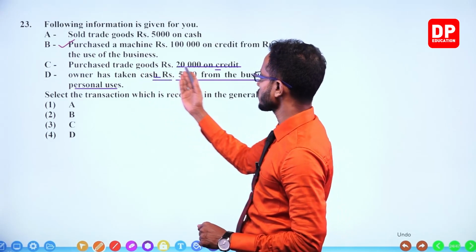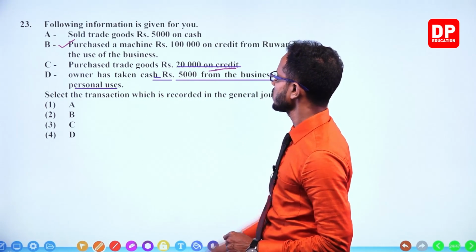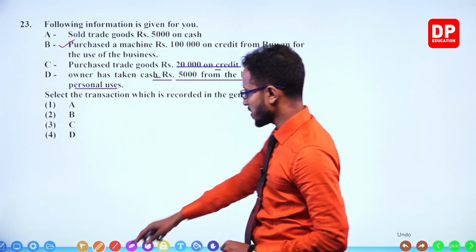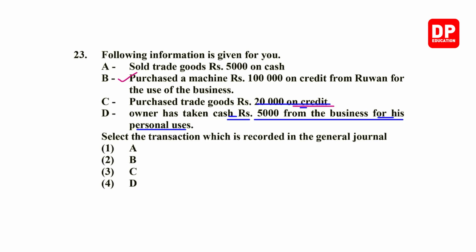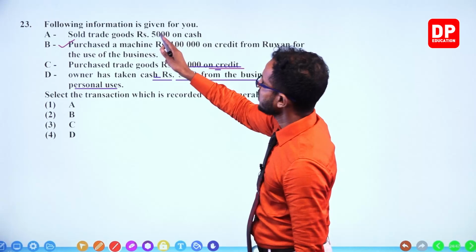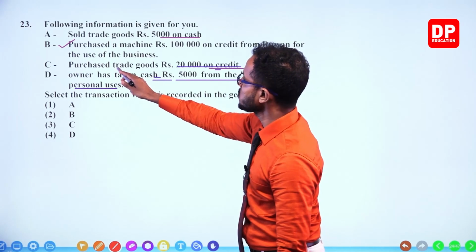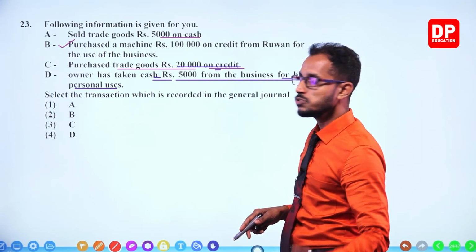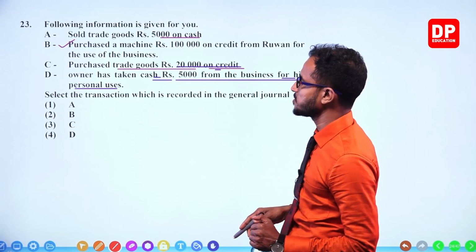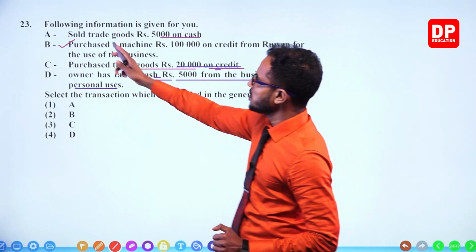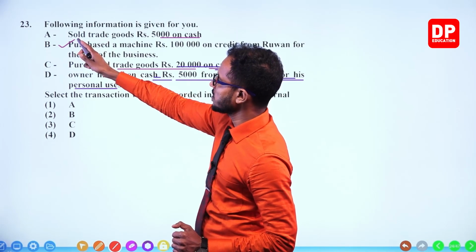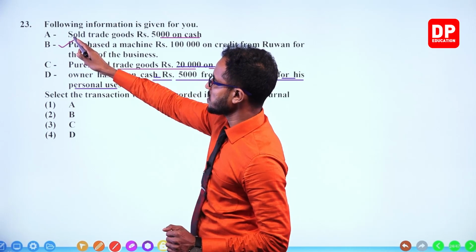Purchasing trading goods on credit. These things only you should notice. On credit. Here, on cash. Trading goods means purchases.